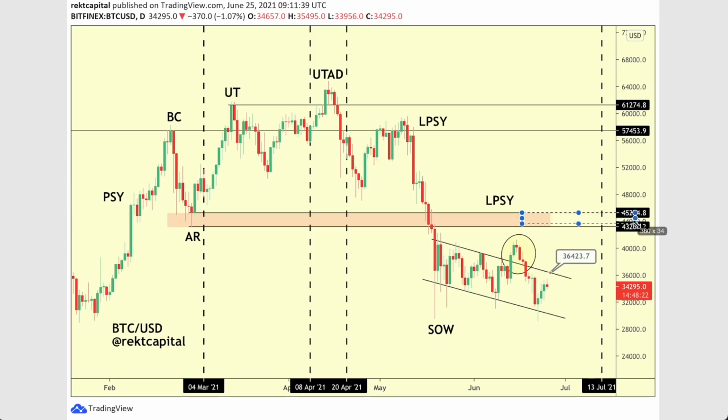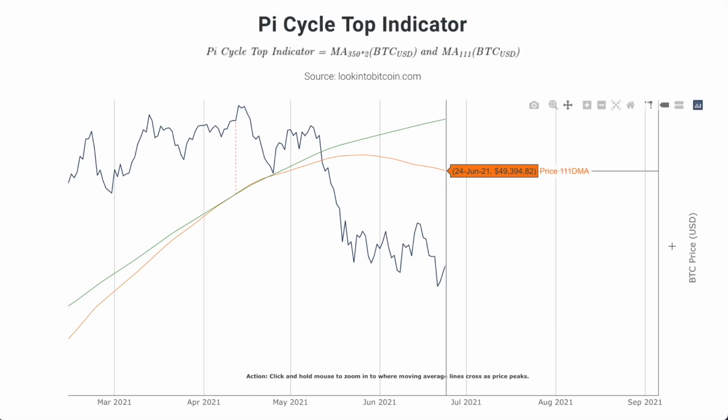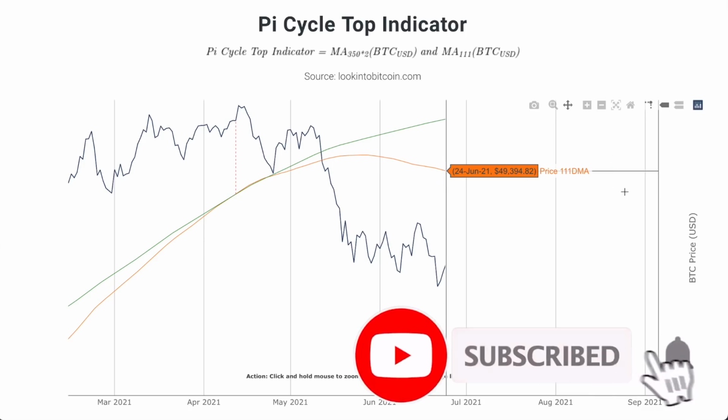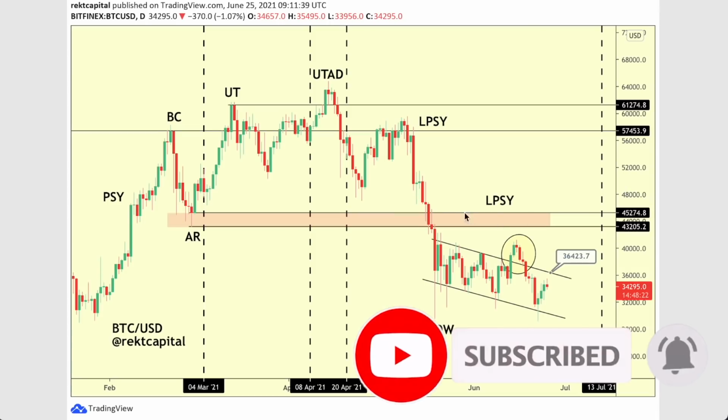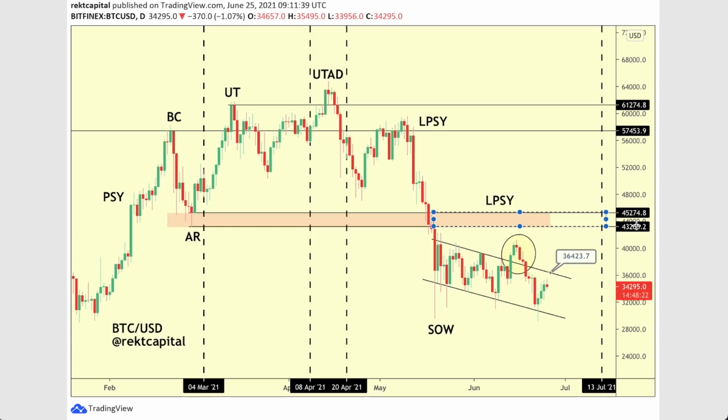But the bottom of this macro distribution range is 45 to 43 for Bitcoin, whereas the Pi cycle resistance is 49. Could we see a scenario where the Pi cycle moving average aligns and finds confluence with this area, with the 45-43 area?